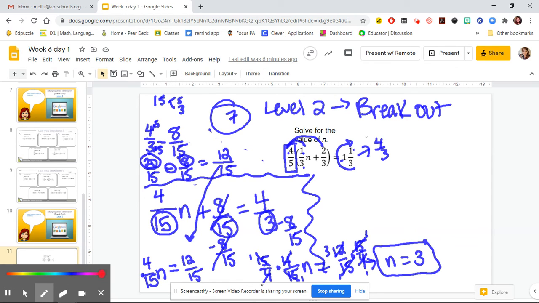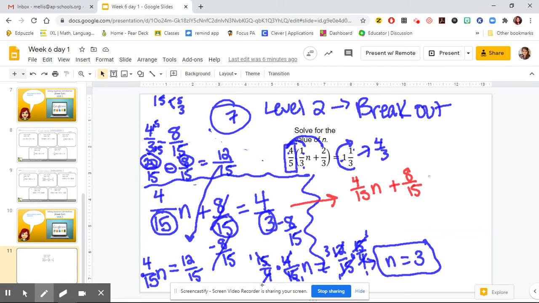The other way would be to get rid of my fractions completely. So if I look at this step right here, we have 4 over 15 n plus 8 over 15 equals 4 over 3. If I multiply the entire equation by 15 right away and distribute it, that would get rid of the fractions, because 15 divided by 15 cancels out, right?